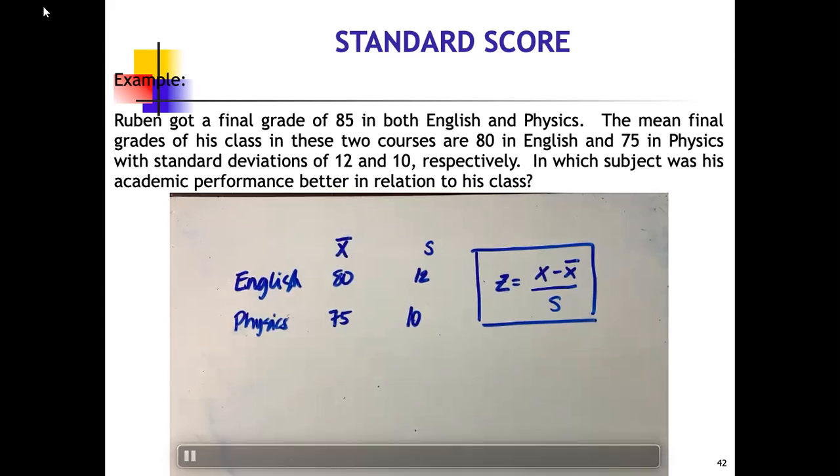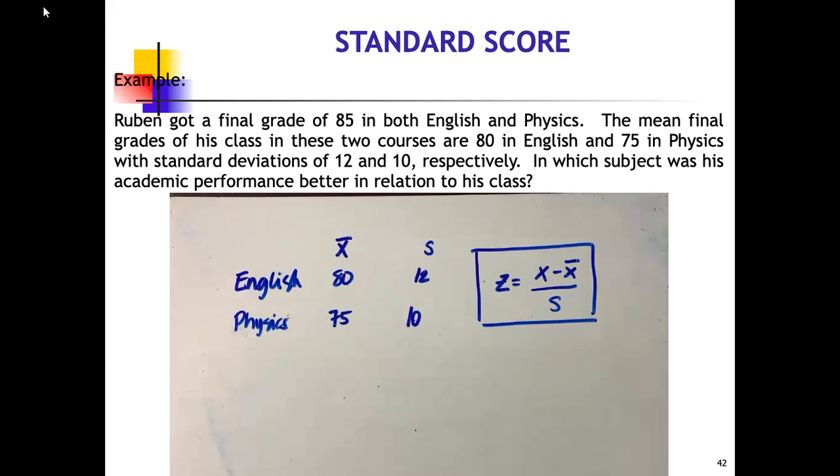Let us consider the example that we have here. Ruben got a final grade of 85 in both English and physics, and the mean final grades of his class in these two courses are 80 and 75, with standard deviations of 12 and 10 respectively.